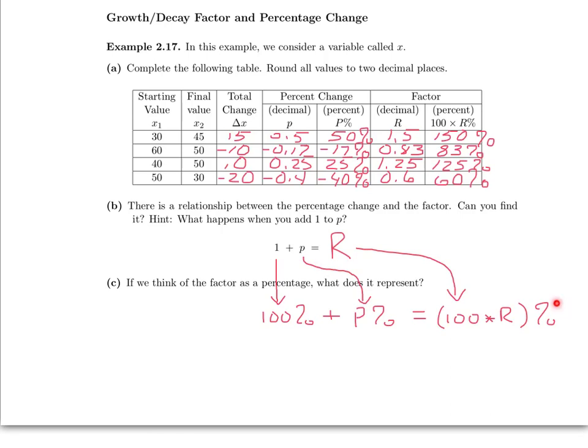Now, what is this equation saying to us? Well, we know that the P% represents either the increase or the decrease in the variable. This is our growth, or alternatively, how much decrease took place as a percentage.